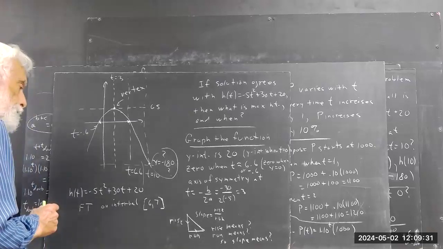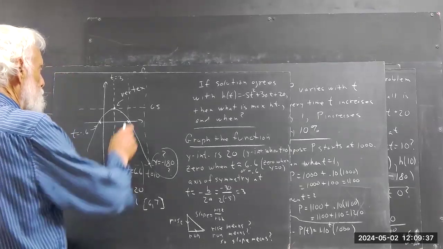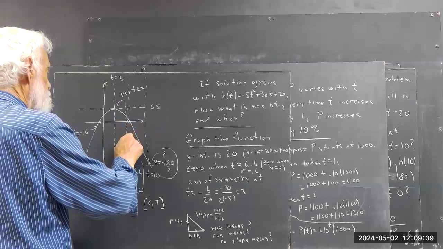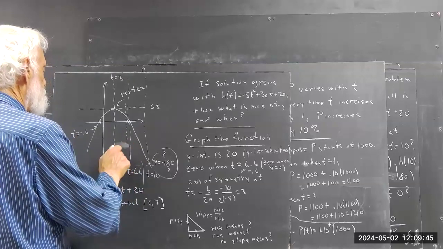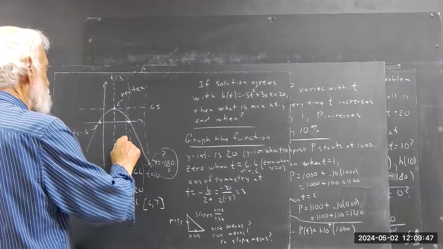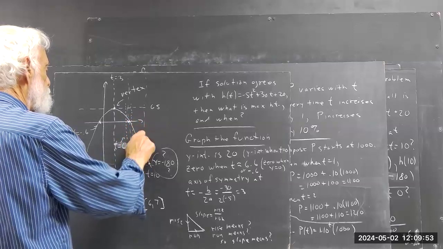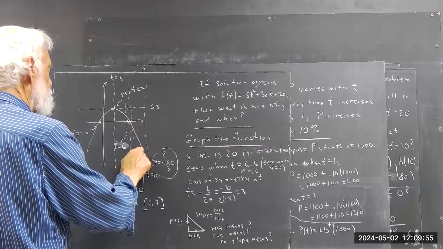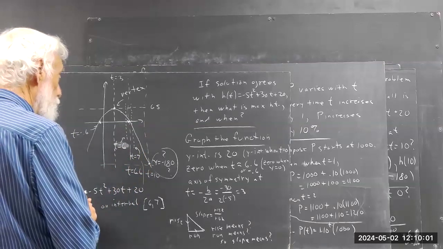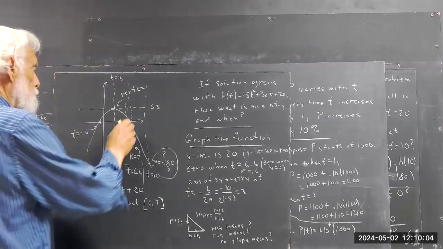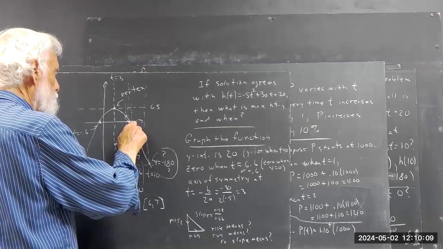So let's use another color. Now, fundamental triangle on the interval 6, 7. Well, I'm exaggerating a little bit, but let's say t equals 6 on this line, and t equals 7 on this line. Then the graph point for t equals 6 is here, and the graph point for t equals 7 is here.